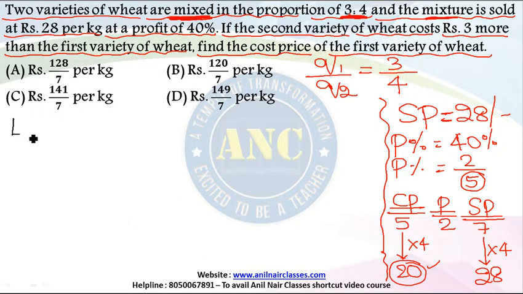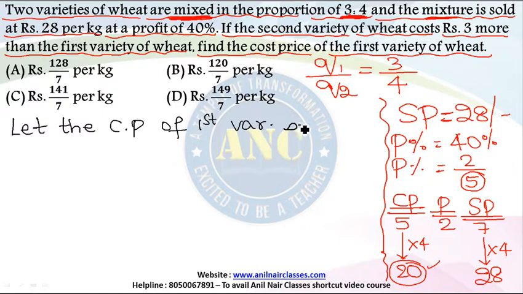Now, what I will do is let the cost price of first variety of wheat be x. Usually I will not take it as x, but in this question I will. Why?